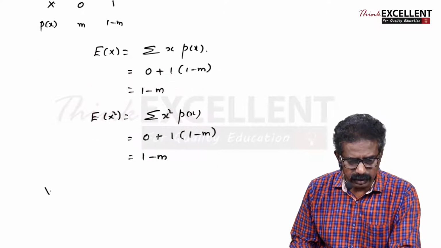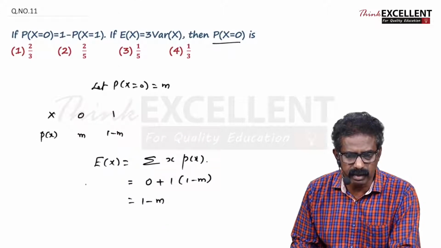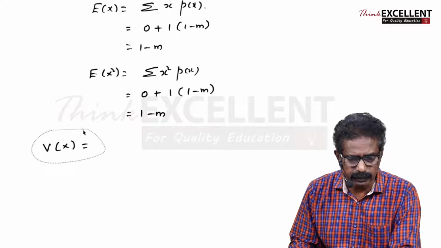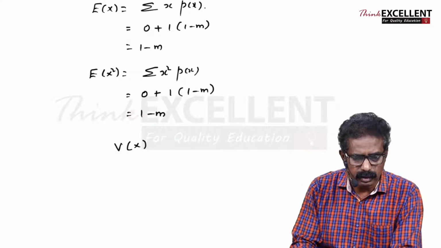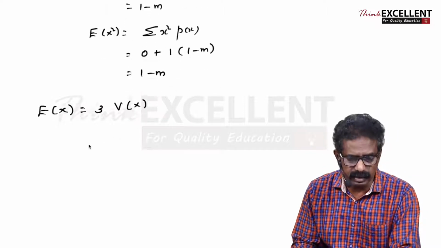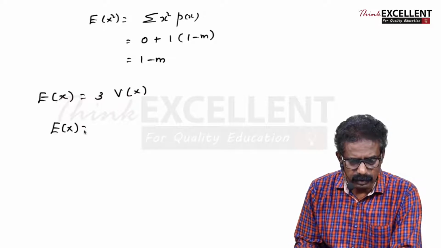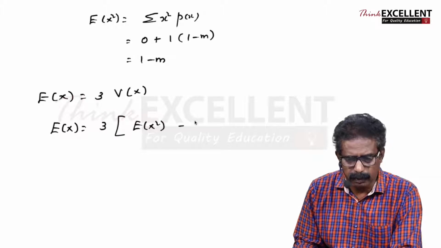It is given in the question that E of x is equal to 3 times variance of x. Variance of x is E of x square minus E of x the whole square.